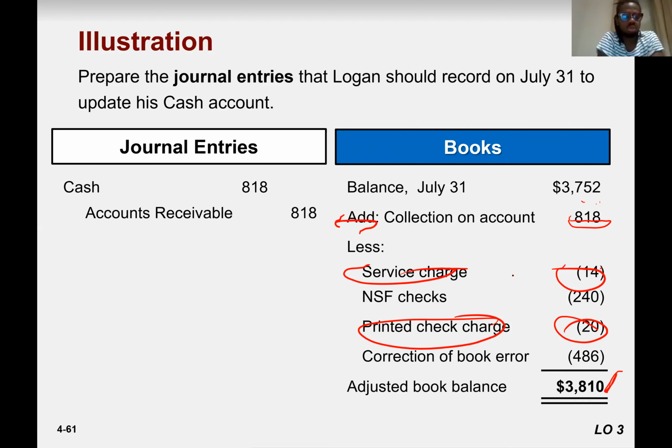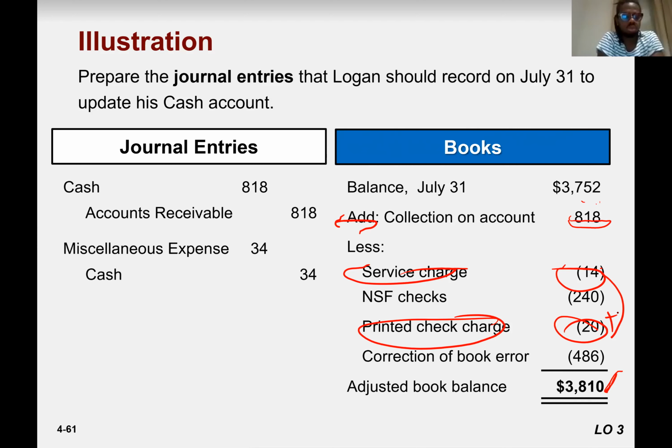Every company has its own accounts to deal with that. So you can set up bank charges expense to cash, or miscellaneous expense to cash, right? Don't worry where this 34 came from. It comes from the addition of 20 plus 14, because that is the bank charges in total: service charges plus cost of printing the checks.